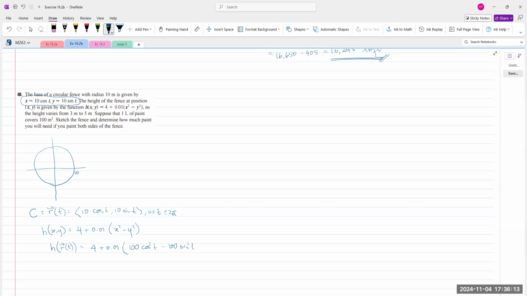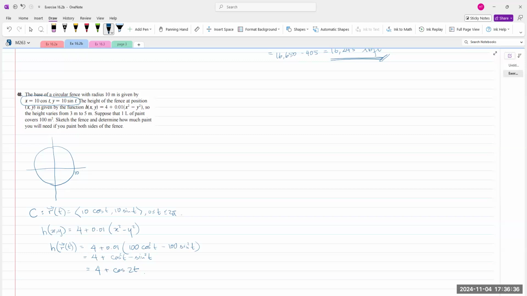I can factor the 100. Actually, that will kill the 0.01. That gives us 4 plus cosine squared t minus sine squared t. But that is actually cosine 2t.